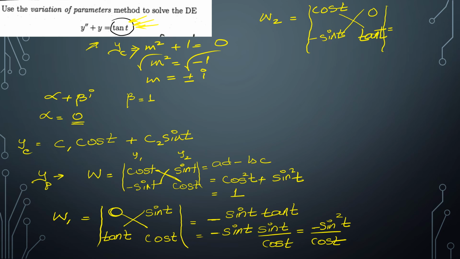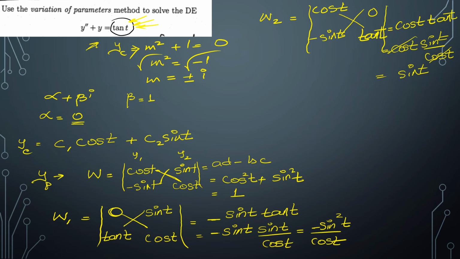So AD is cos t tangent t. And BC is 0, so anything multiplied by 0 is 0. Now I will write it in the proper way: cosine t, tangent can be written as sine over cosine. And I can see that cosine and cosine cancel, so I am left with only sine t.